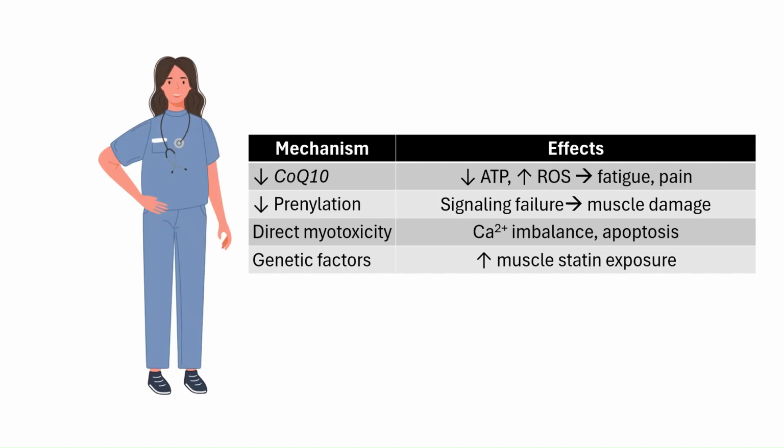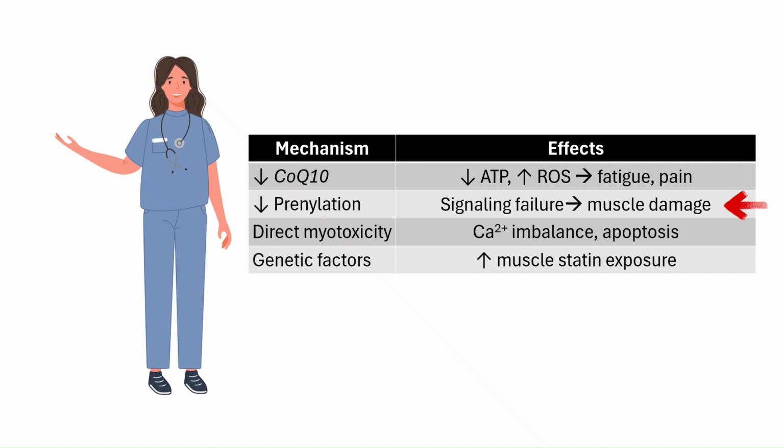So, to sum it up, statin-associated muscle symptoms can result from a combination of factors that may act alone or together. One possible factor is reduced coenzyme Q10 levels, which impair energy production and increase oxidative stress. Another contributing mechanism is disrupted prenylation. This affects intracellular signaling pathways and hinders muscle repair.